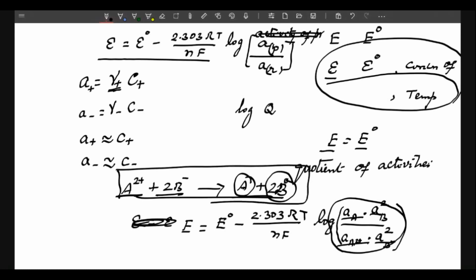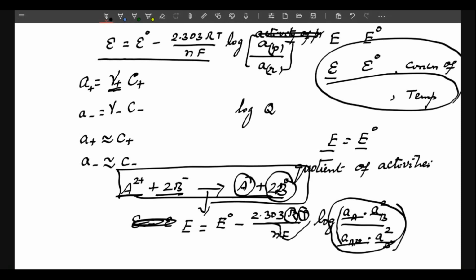If it does not involve electrons on either side, then definitely say this is a cell reaction. Under this condition, you write the Nernst equation as E is equal to E naught minus 2.303 RT by nF. At standard conditions, T is equal to 298, R is equal to 8.314, F is equal to this much.